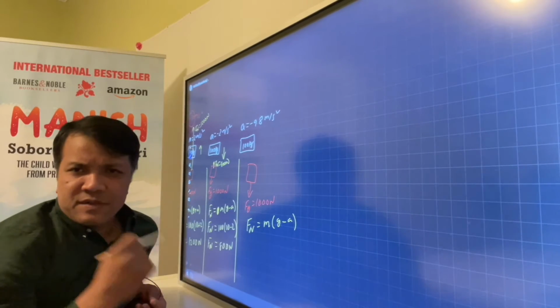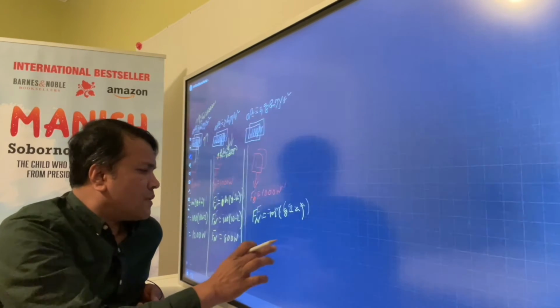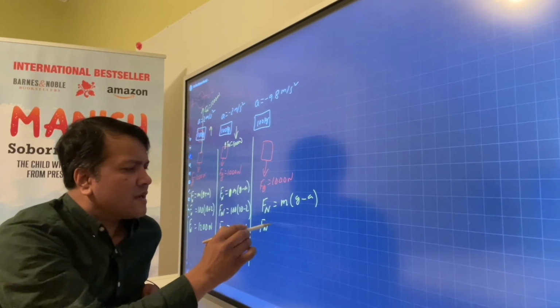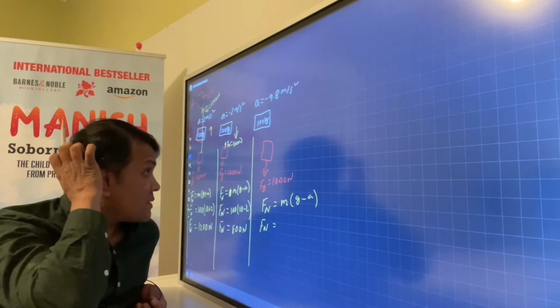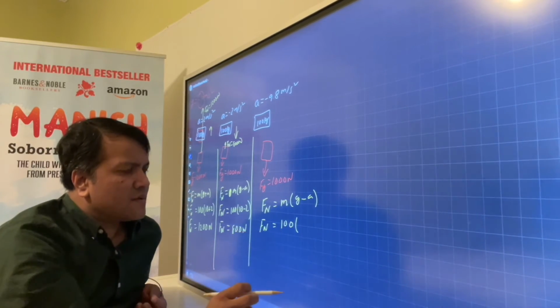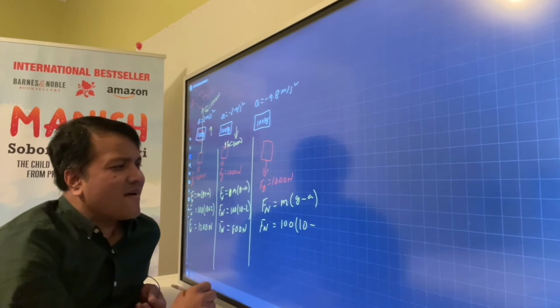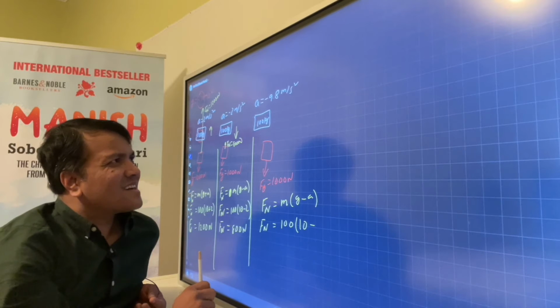Finally, we're going to do this one. Okay, so Fn is, m is 100, g is 10 minus acceleration.